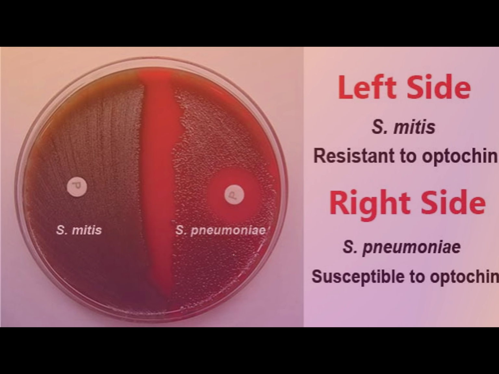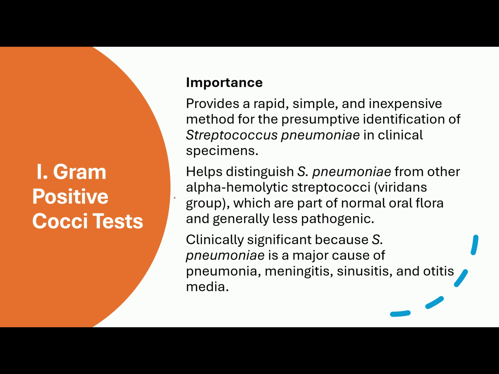So, ito siya. On the left side is an example of your viridans strep, Streptococcus mitis, showing a resistant pattern to optochin or your Taxopi. While on the right side is a sensitive result showing a big zone of inhibition, susceptible to optochin, meaning this is possibly Streptococcus pneumoniae.